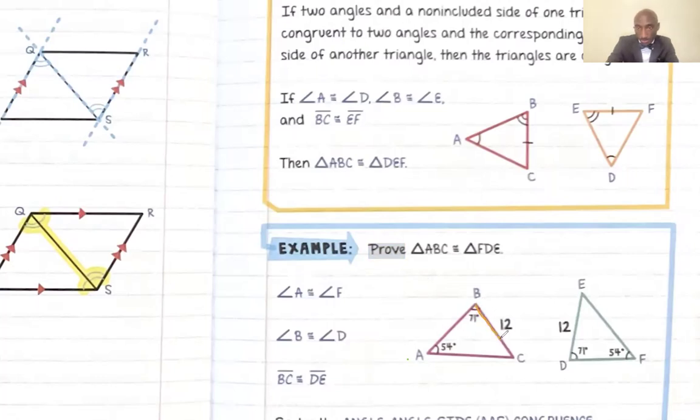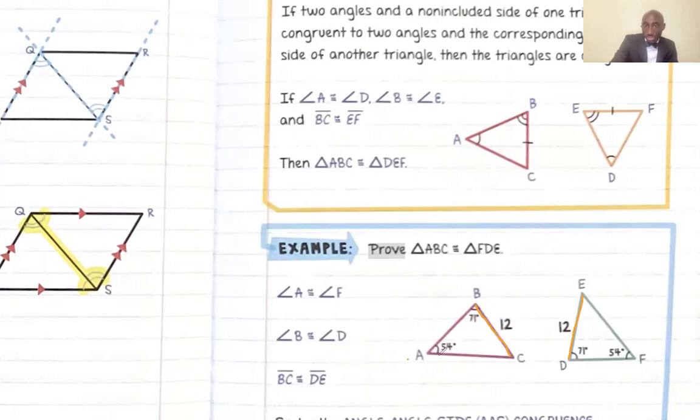So this side and this side are going to be the sides for our proof. Now, remember, it's angle, angle, side. For ABC, A is 54, B is 71, then BC is 12. So F is 54, D is 71, DE is 12.